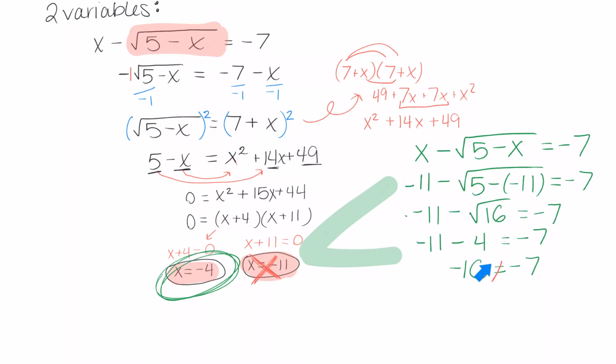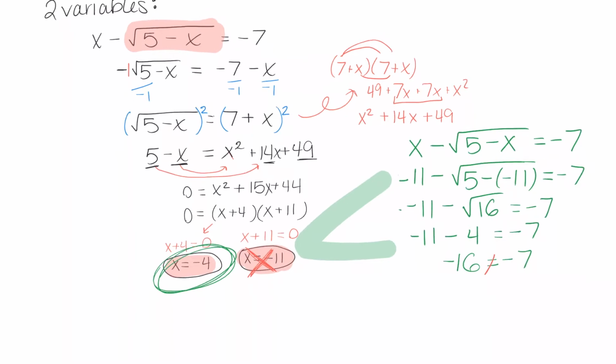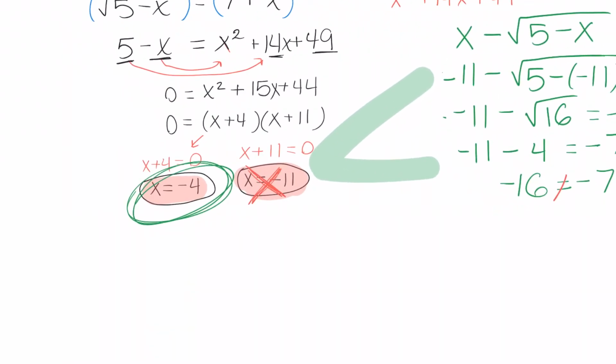So while that's part of why this problem is misleading, because it does produce that potential negative 4, that's not the primary square root. So this negative 11 was a fake answer.